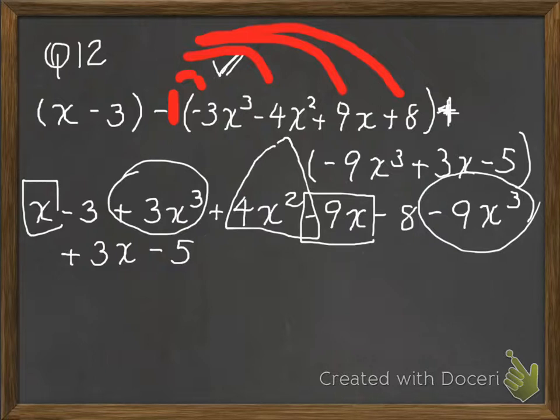And I have to not lose track of the signs in front of the terms, because they go with the terms. They're like the terms' noses. Okay, so I have another x term here. And I have these two number terms. I'll just check mark those. Let's start with the highest power first, because that's normally how we write polynomials in descending order. So we have a 3x cubed minus a 9x cubed. That's minus 6x cubed.